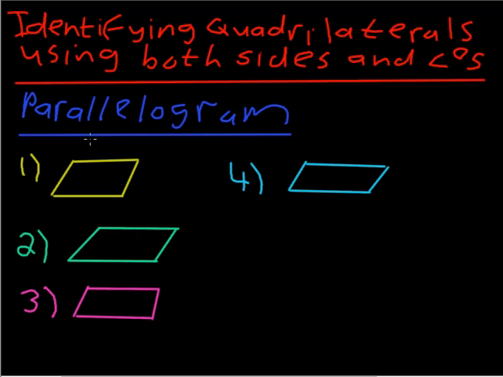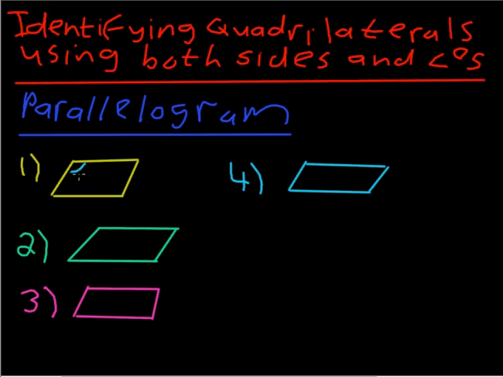We are now going to show how we can identify each type of quadrilateral based on both their sides and their angles. First, we are going to show that there are four ways to identify a quadrilateral as a parallelogram. The first one is if both pairs of opposite angles are equal.